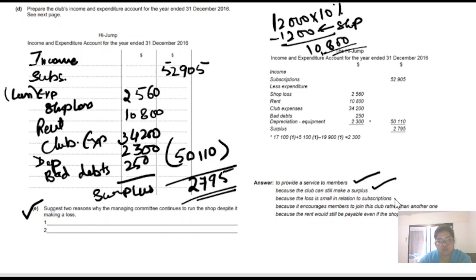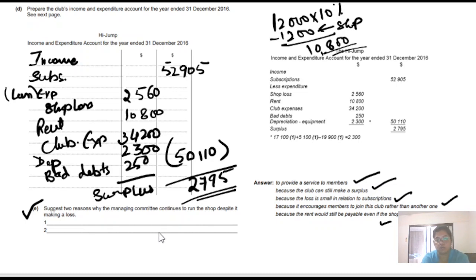Because the loss is small, okay, from our subscription. And we have to encourage our members to join our club rather than anyone else. Okay, and the rent would still be payable even if the shop closed. Because 12,000 anyhow we have to pay 12,000.